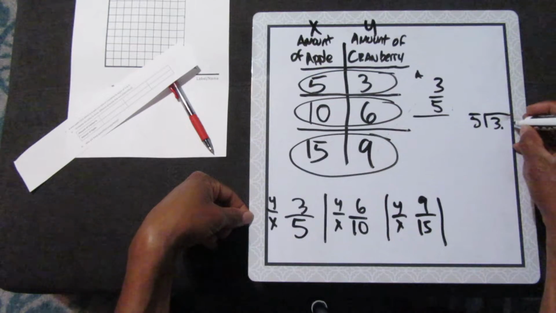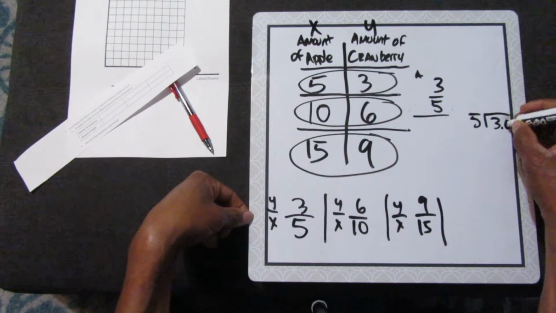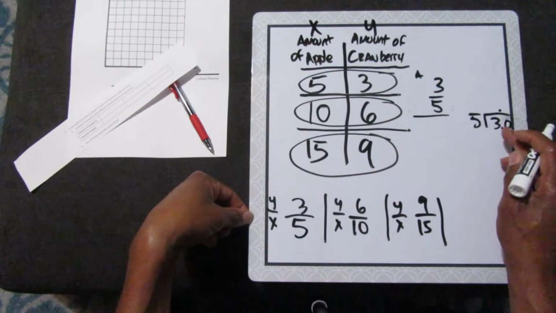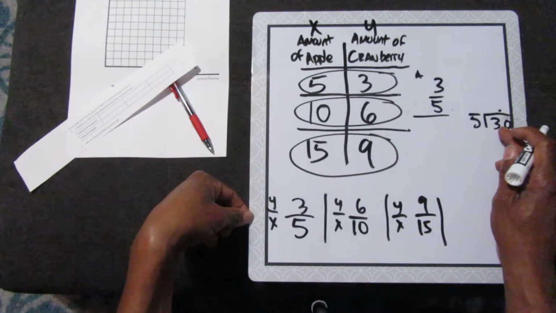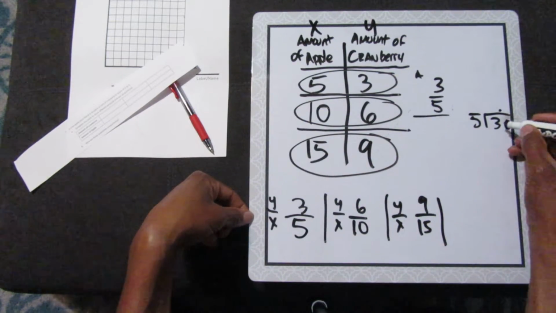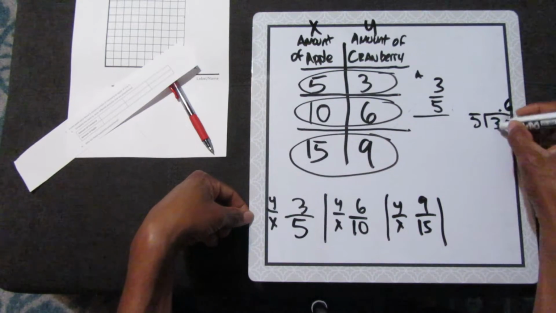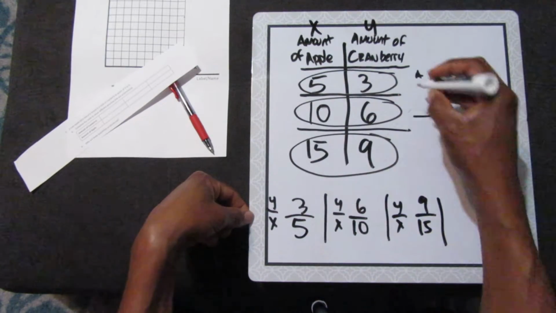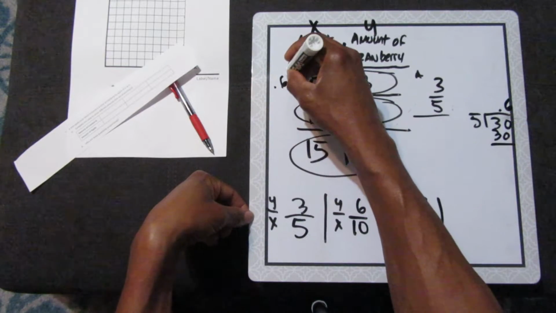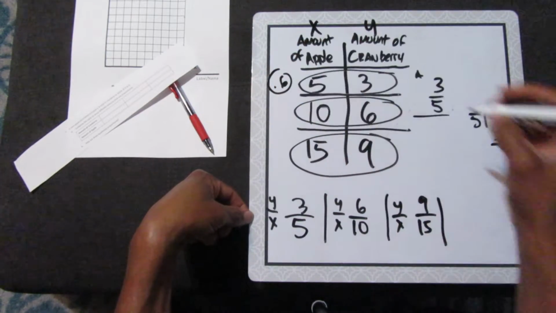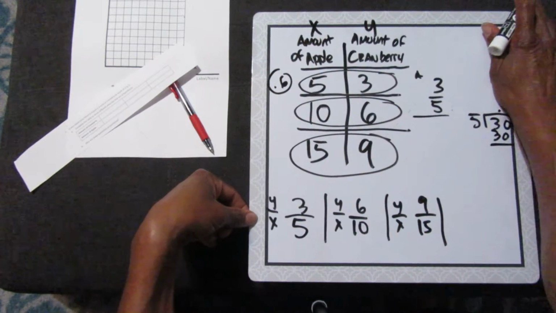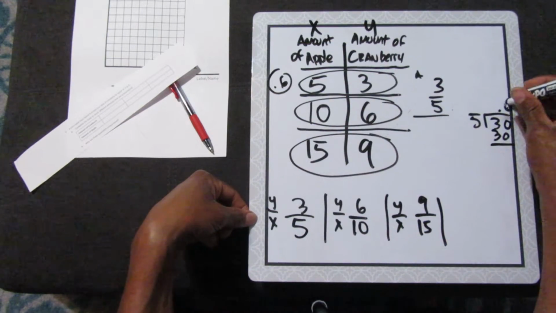I'm going to get a decimal point, then place a 0. The decimal point just lets me know my quotient is going to be less than 1. So I ask myself, how many sets of 5 are there in 30? There are 6. 6 sets of 5, 30. So far I'm looking at 6/10 for this ratio here. Actually, let me keep this here.